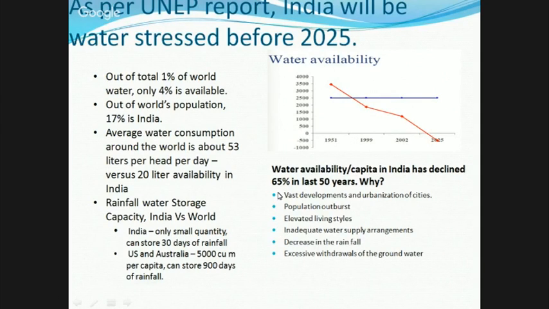Our surface water resources are getting polluted, and at the same time our groundwater storage is getting depleted. I can give the example of Chandigarh, in our campus.